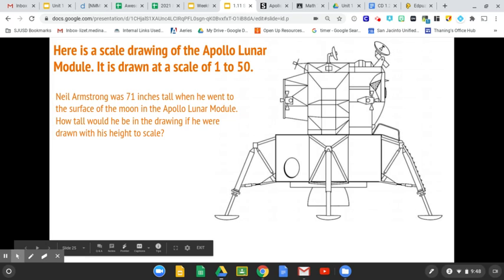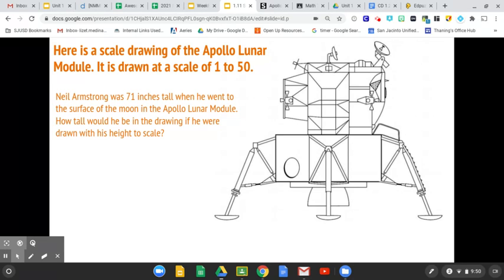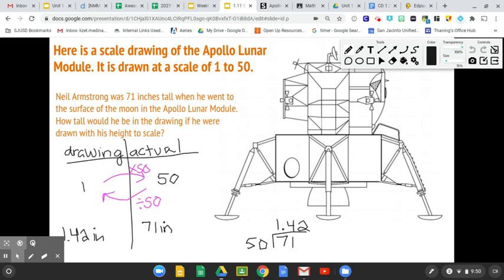All right, last one. I'm going to have you guys read through this one and work on this one on your own. Okay, so for this one, you should have still drawn your table, written down your scale, and written down how you go back and forth using the scale. 71 inches, that's his actual height. So we had to divide that by 50 and we got 1.42.